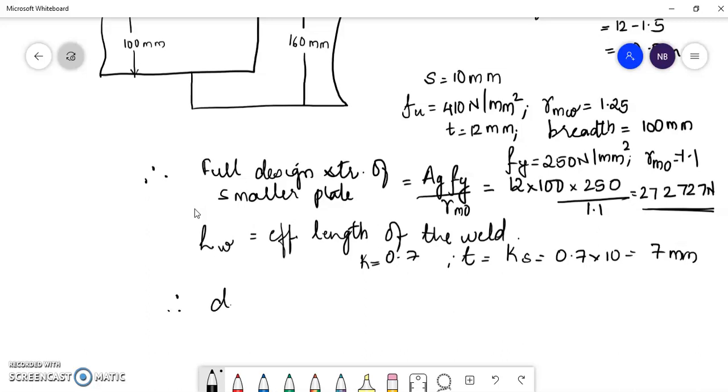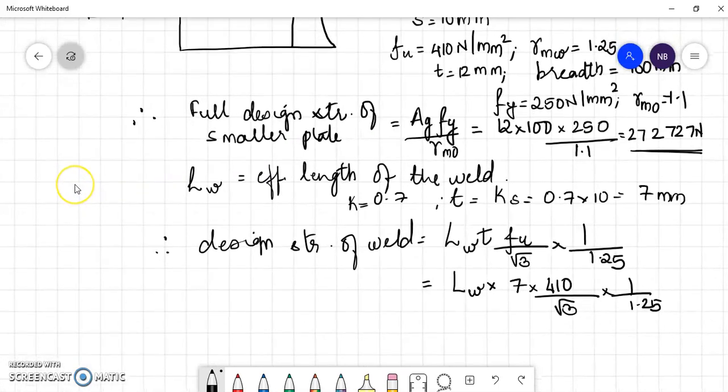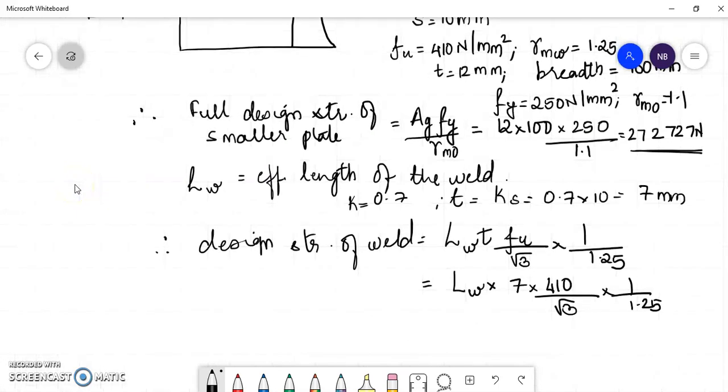Therefore, the design strength of the weld is given by the area of the weld, which is LW into T, into Fu upon root 3 upon 1.25. LW is what we need to find out, substituting the other values. This has to be equated to equation 1.